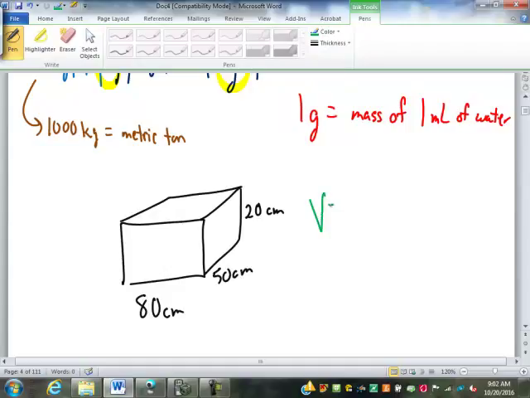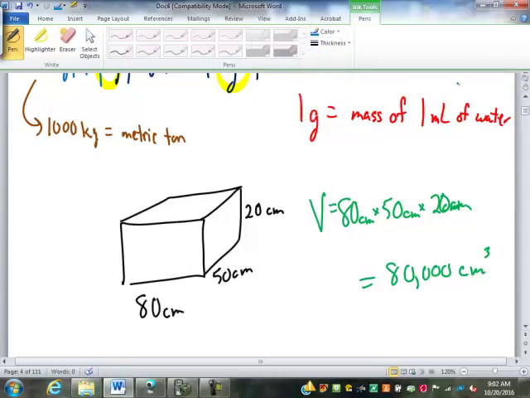To find the volume of that tank, 80 centimeters times 50 centimeters times 20 centimeters. What am I going to get? 80,000 centimeters cubed? Sound right?